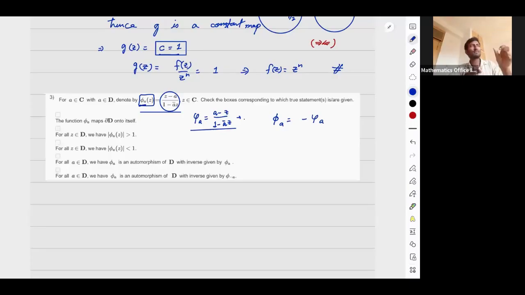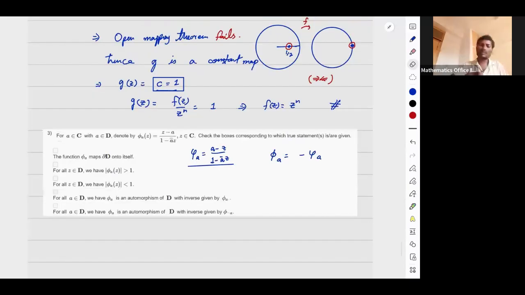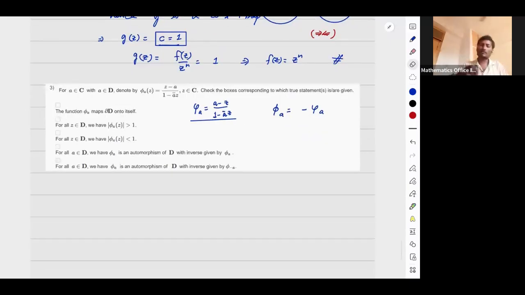Multiplying by minus 1, you are rotating your disk 180 degrees, right? You are rotating your disk 180 degrees and it is going nowhere. Unit disk goes to unit disk, that is clear. So this map sends unit disk to unit disk. We can prove that also, but we have 48 minutes maybe. We can prove this if we require.